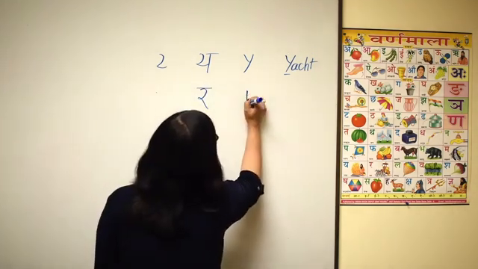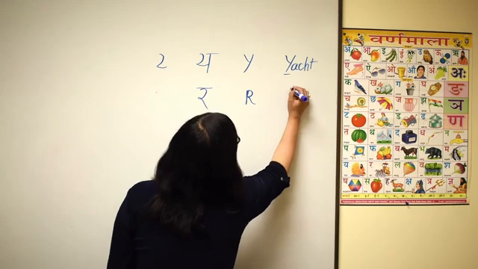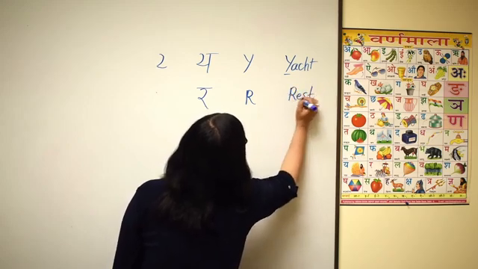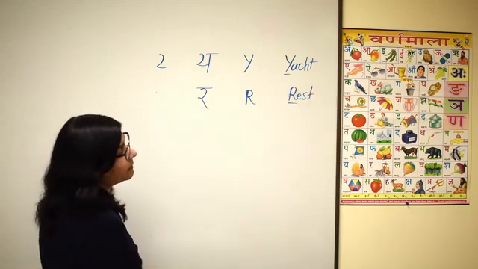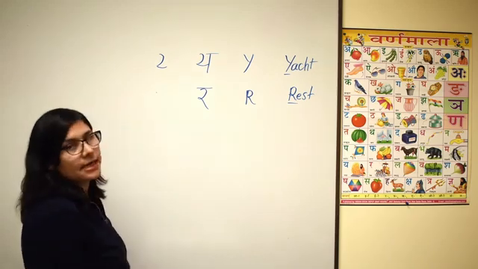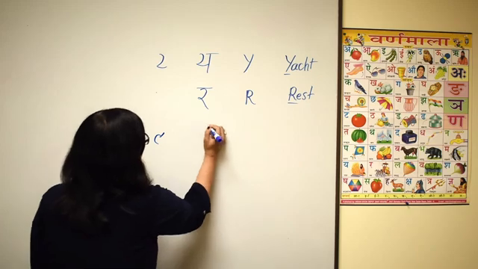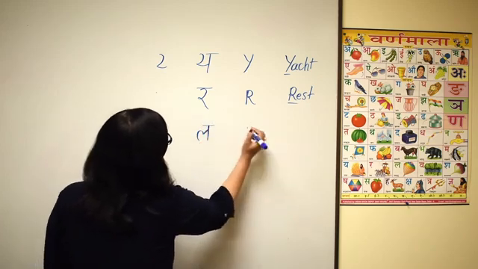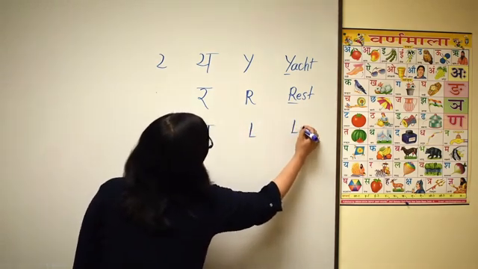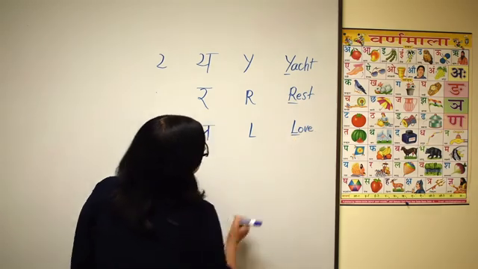That's our R. Okay, R as in rest. Okay. The one after that is L. So that's basically our L. Okay. L as in love.